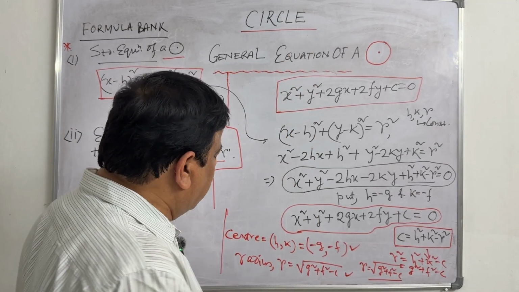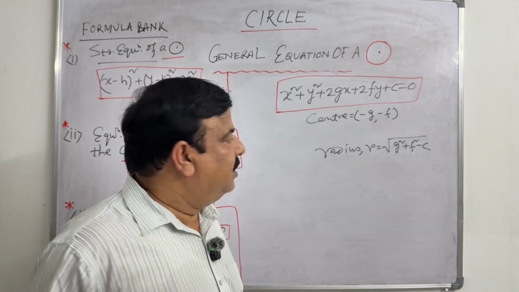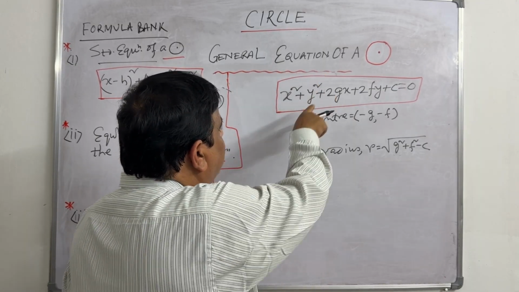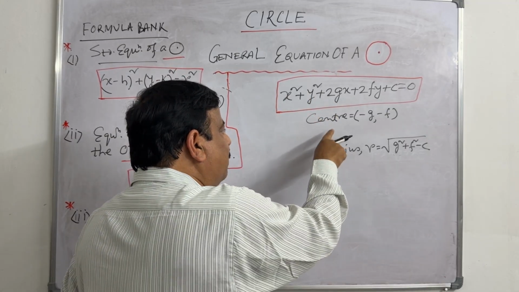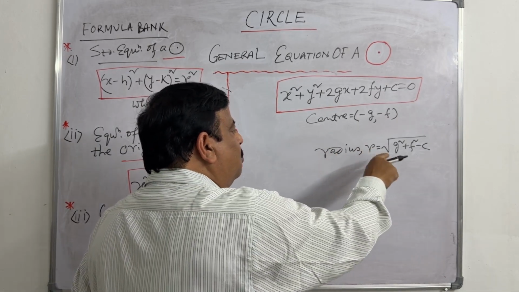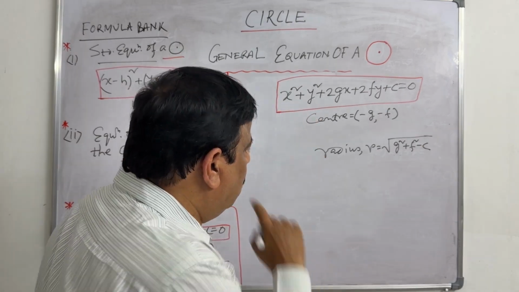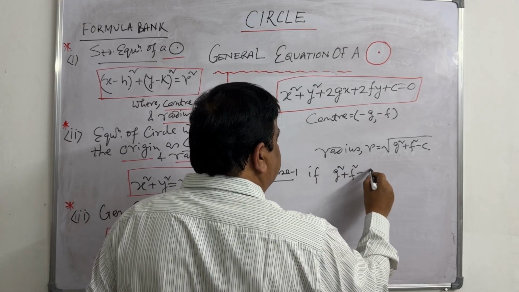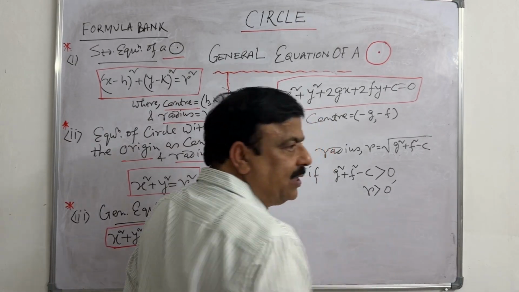Now we should analyze the general equation of a circle further. We have already learned about the derivational background of the general equation of a circle. If this is the general equation of a circle, then the coordinate of the center will be minus g, minus f, and the radius will be equal to square root of g square plus f square minus c. Now, case 1: if the value of g square plus f square minus c is greater than 0, then r will be greater than 0, the radius will be greater than 0.